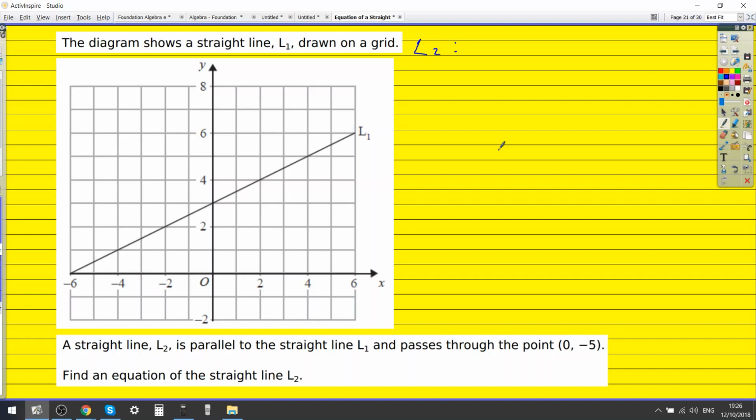Does it mean it's going in the same direction as L1? Yeah. And anything else? Or what does that mean if it's going in the same direction? It's positive. Positive what? Correlation. No, that's scatter diagrams.